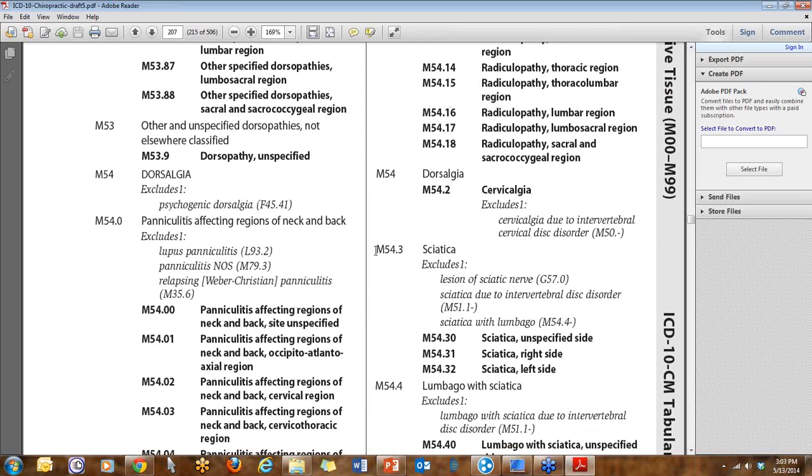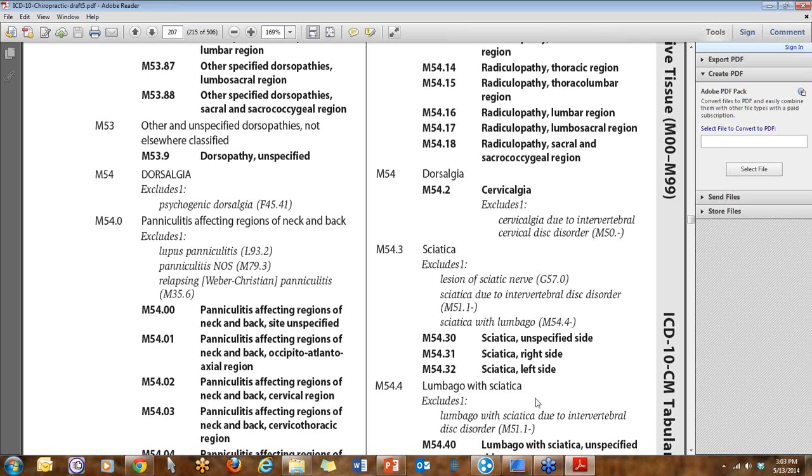Okay, M54.3, sciatica, excludes lesion of sciatic nerve. So you cannot use sciatica with this code here, and you cannot use sciatica due to intervertebral disc disorder, M51.1-. And you also cannot use sciatica with lumbago, M54.4. So we have these excludes.